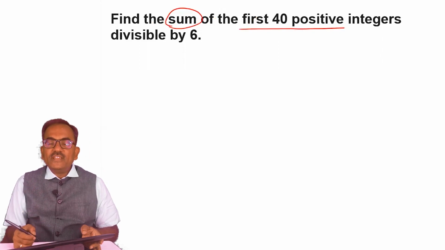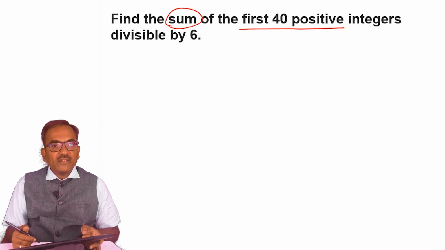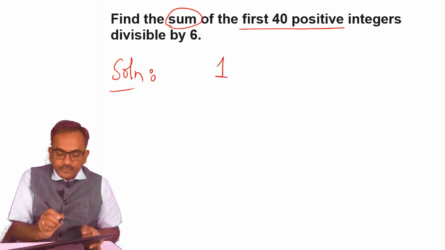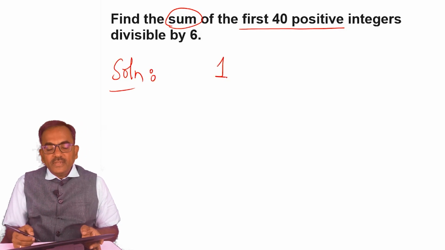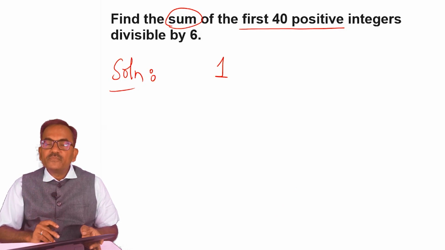So how do the positive integers start? Of course, they start with 1, 2, 3, right? So if I start with 1, then is my approach correct?